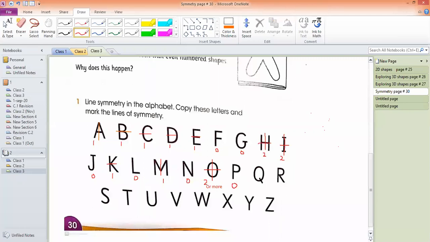Now tell me about the Q. Yes, guys, tell me about the Q. Does Q have a line of symmetry or not?